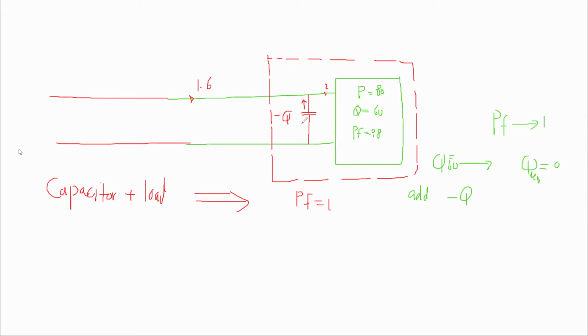This capacitor is going to give me negative Q. This negative Q is going to reduce the original load Q. Once this is reduced, power factor is increased. This is the technique. Now, the procedure is not difficult. We keep in mind these things.